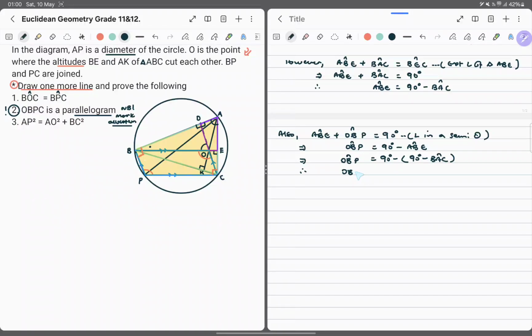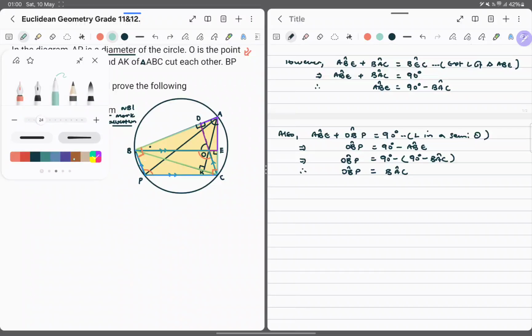Therefore, OBP is equal to 90, and 90 goes away, negative, negative BAC. Holy cannoli. Now, can you see this one? OBP is this lovely angle right here.